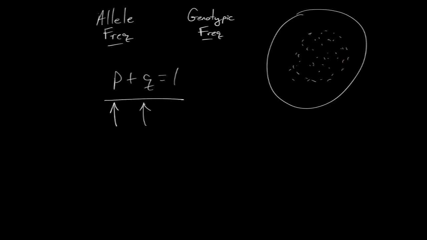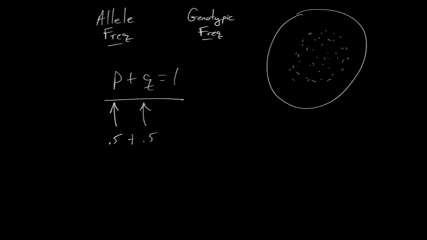Do you understand that? Is that clear? Yes, that's why it equals 1. If I tell you p is 0.5, then what must q be? 0.5, whatever's left of the pie.